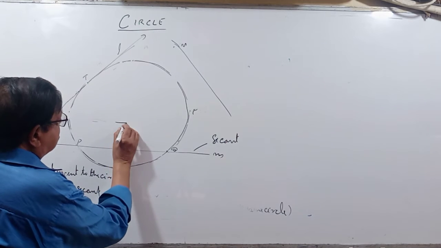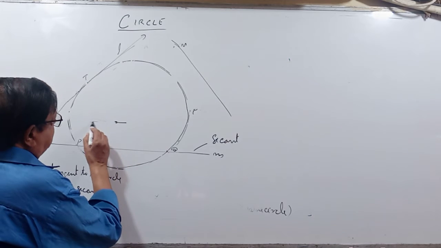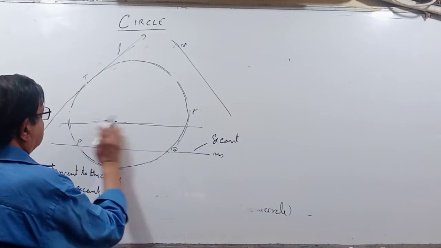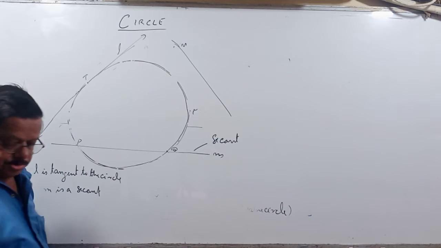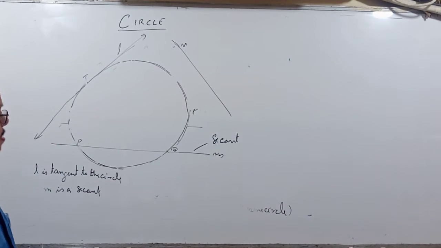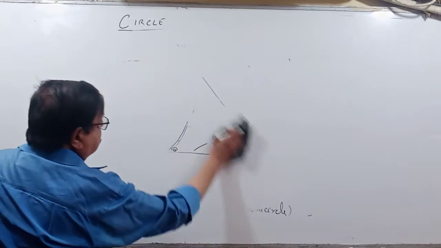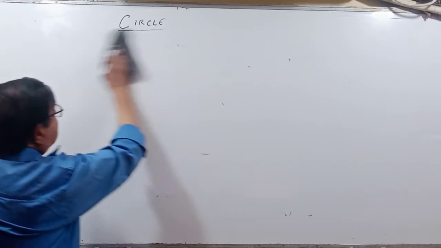From inside, we cannot draw a tangent. If I draw a line, it will definitely touch at 2 points. We will study more about tangents and secants in the 10th standard.